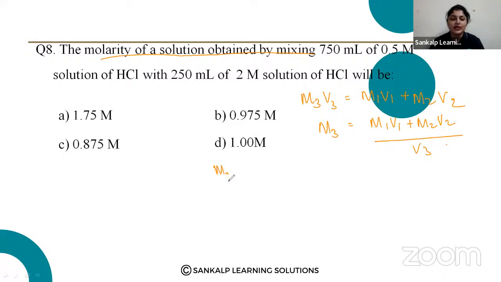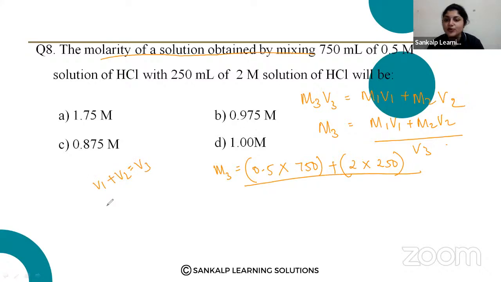So M3 will be equal to, M1 of the first solution is 0.5, into the volume, which is 750, plus M2 of the other solution, which is 2 molar, into the volume, which is 250. Then the total volume obtained will be V1 plus V2, which gives you V3.